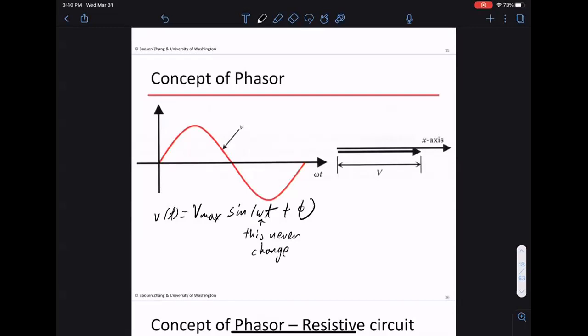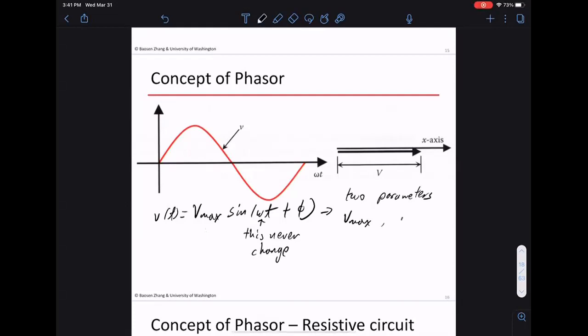So the way you do it is you summarize this into two parameters. Only two things matter. The constant in front, V max, this amplitude or peak value, changes from time to time.